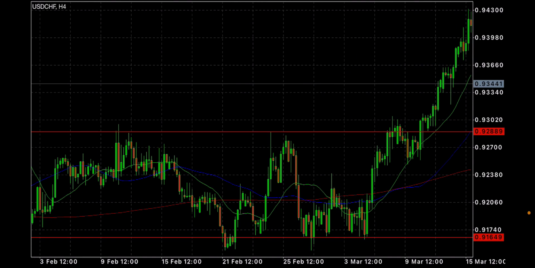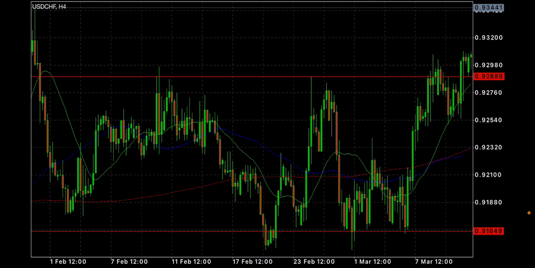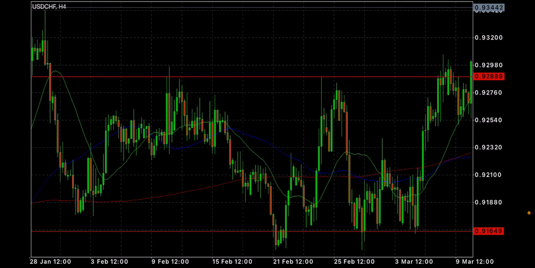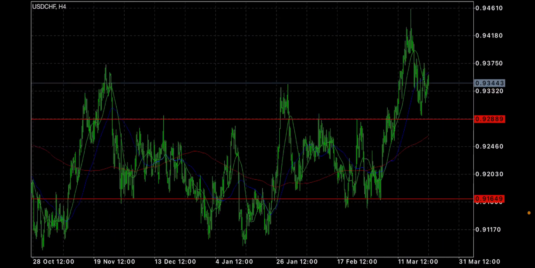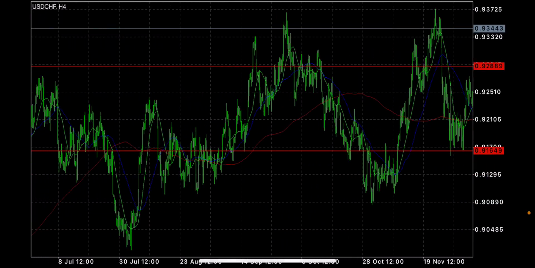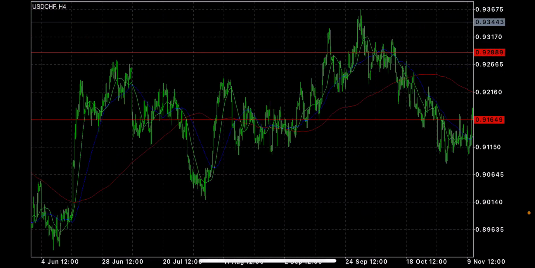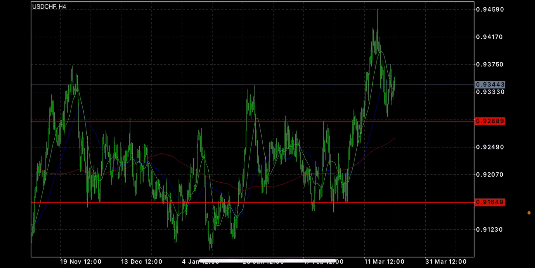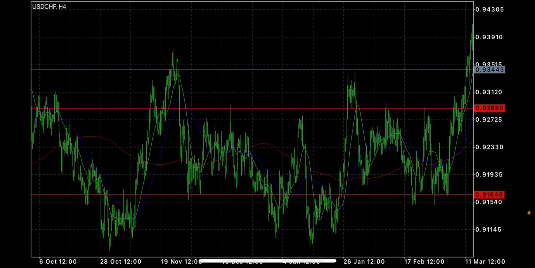Okay. Now let's go ahead and break down the technical analysis of what's going on with the USDCHF. Okay. So as we can see, we've been in a range with breaks in the range for some time. Then we stayed really within the range once we got to October, somewhat breaking between these two price points that you see highlighted by red lines.